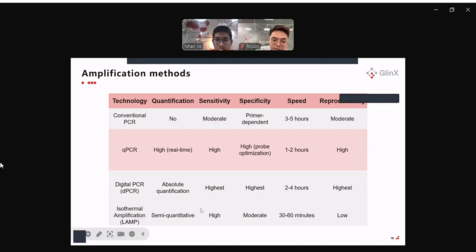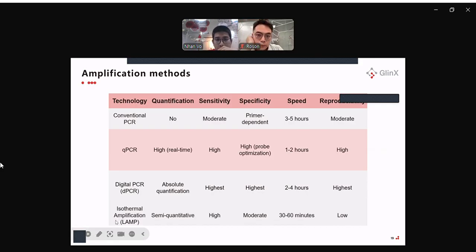The third one is, as I said before, a really, really accurate technology called digital PCR. It is the real quantification method. And another kind of method is called the isothermal amplification method.